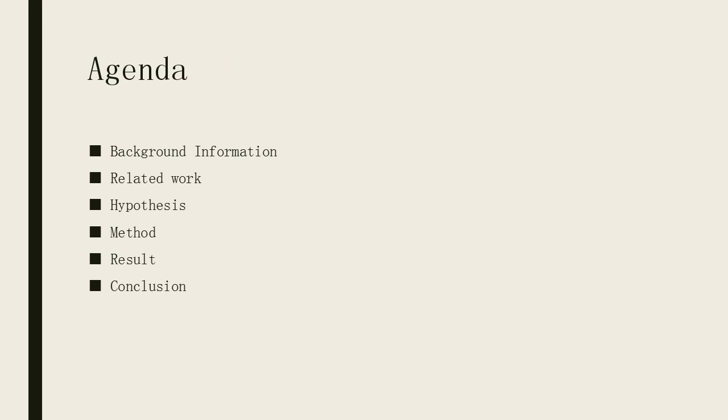I broke my topic into 6 different parts. First, we will talk about the background information, like the goal of our method, why we choose XML, why we choose relational database, and the advantage of them.